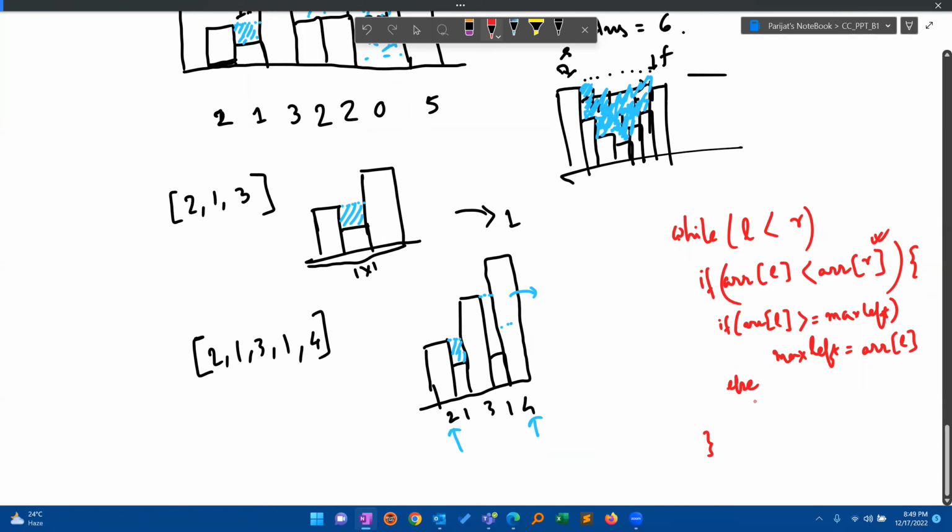So what I'll do is the total water variable, whatever I have, I'll do plus equal to max left minus this current height, and width will only be 1, because I'm going width by width.